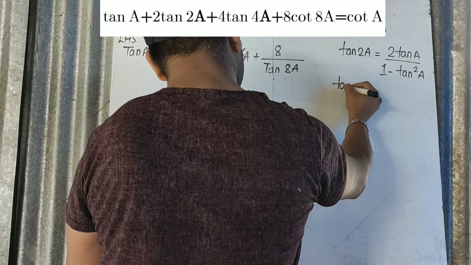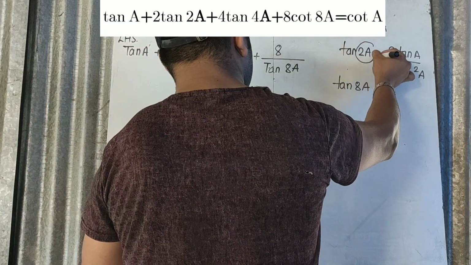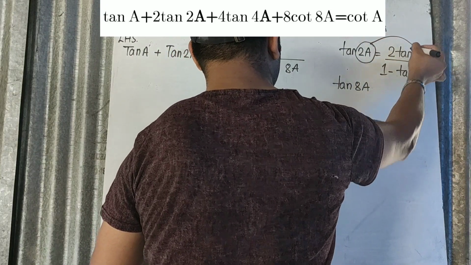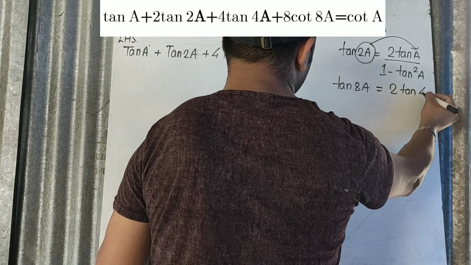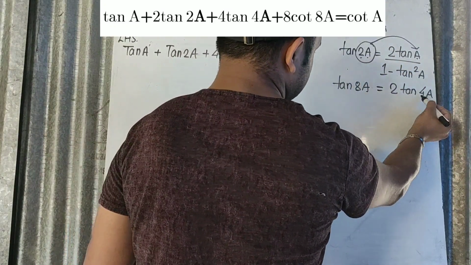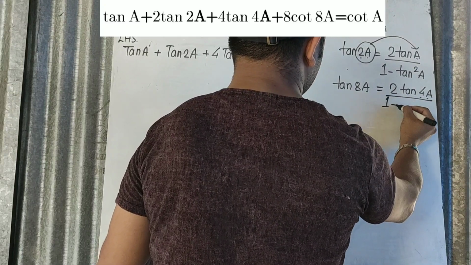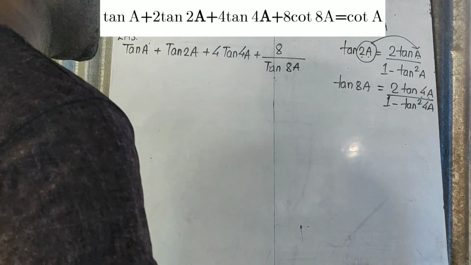Now if you have tan 8a, then see here is 2a and half of 2a is a. So if you have 8a, then you need the half of 8a, that comes to be 4a. So divided by 1 minus tan square 4a. So this comes to be in this manner.